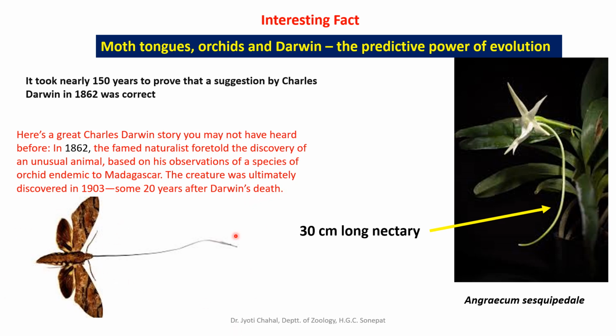So this is the moth, and you can see its proboscis. It is the same length as this nectary. It is also 30 centimeter long, 1 foot in length. So that is a very interesting fact.